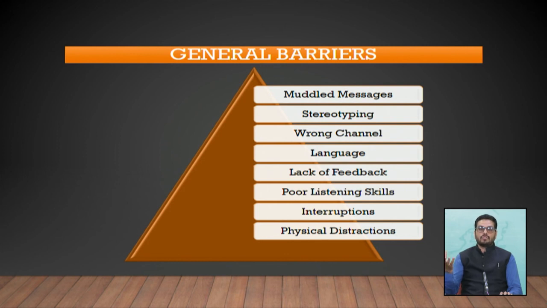If you have not chosen the correct channel, that is a problem as well. Lack of understanding of language, that means if the language is not common, that is a problem. Lack of feedback is a problem. Poor listening skills is a problem. Interruptions are a problem, and physical distractions are a problem, as we discussed earlier.